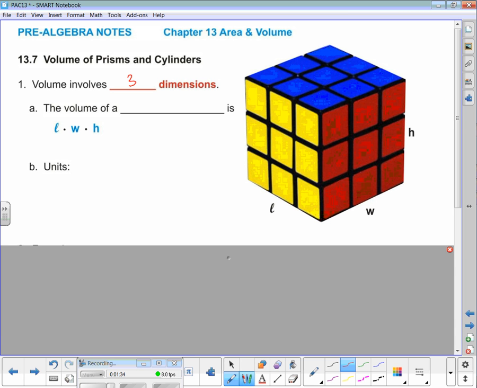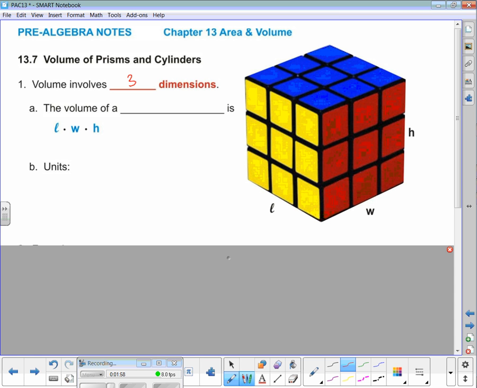All right, so three dimensions for volume, and you've got to keep that in mind. If you've ever done a Rubik's Cube, how many cubic units are there in that Rubik's Cube? How many little squares make up that Rubik's Cube? How many squares, Sam?